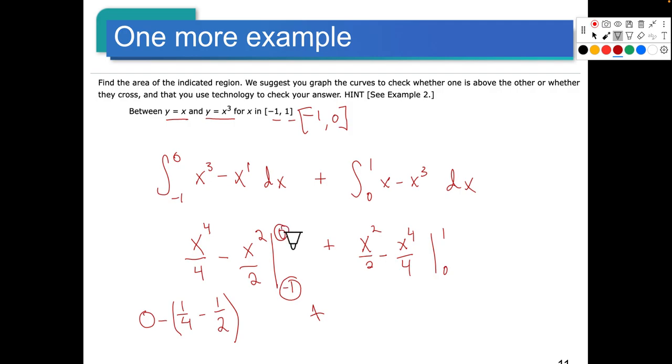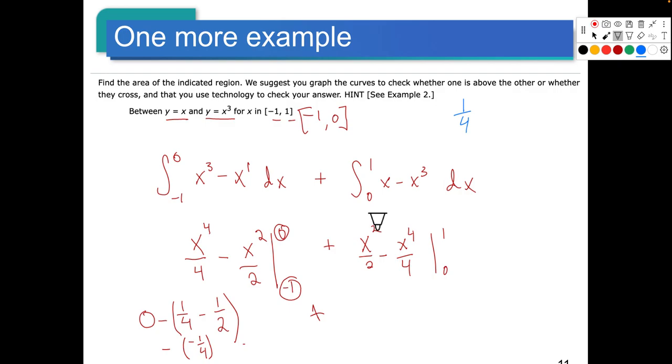So whatever this is, minus the bottom limit. And you're going to see this bottom limit is actually going to be -1/4, right? 1/4 minus 1/2, it's 1/4 minus 2/4. So we're going to get -1/4 inside here, but then we've got a negative and a negative, so the first part is equal to 1/4, +1/4. If I didn't do that, I would have had -1/4 still, because I did things in the wrong order.